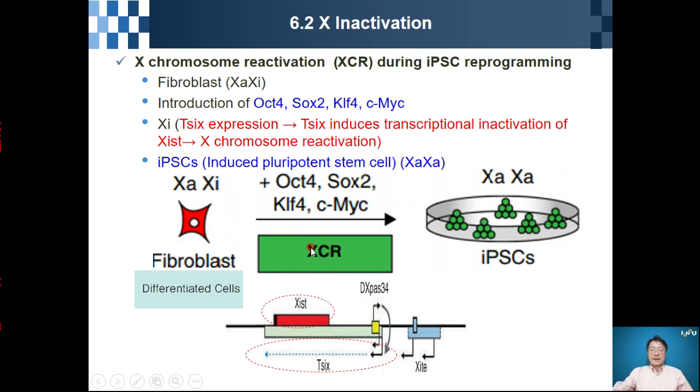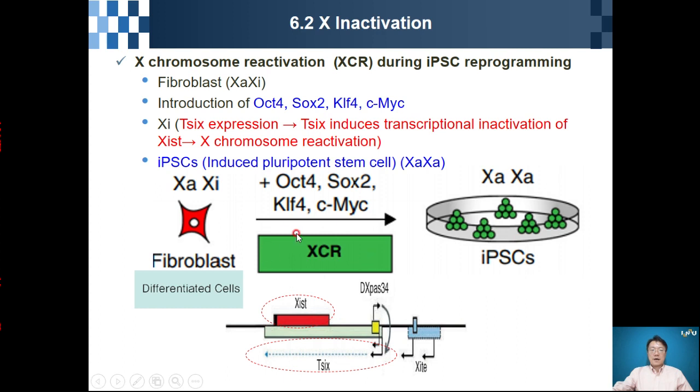After X chromosome reactivation happens, the fibroblast will change to iPSC cells, induced pluripotent stem cells. So their X chromosome status is that they have an active X chromosome, and they also have another active X chromosome. So this is the XCR. We call it X chromosome reactivation.